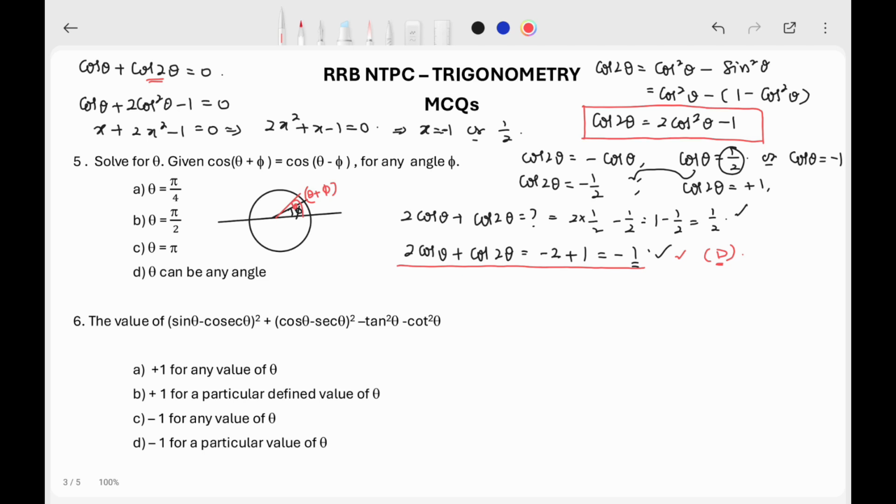Can you please try to recollect from your basics what is cos(A plus B)? Cos(theta plus phi) is equal to cos theta cos phi minus sin theta sin phi. Cos(A plus B) is equal to cos A cos B minus sin A sin B. Do you agree? Then what is cos(theta minus phi)?